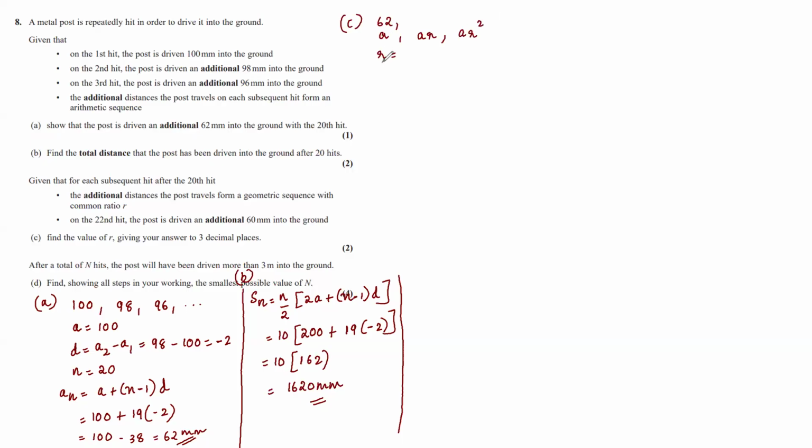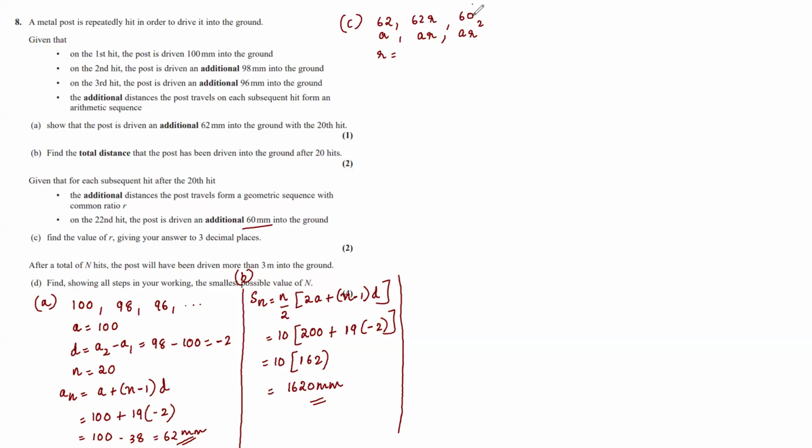So 62 is the first term, a, this is the 20th term. 21st term will be 62 into the common ratio. 22nd term, it's already mentioned in the question that it is 60 millimeter. On the 22nd hit, the post is driven an additional 60 millimeter into the ground.